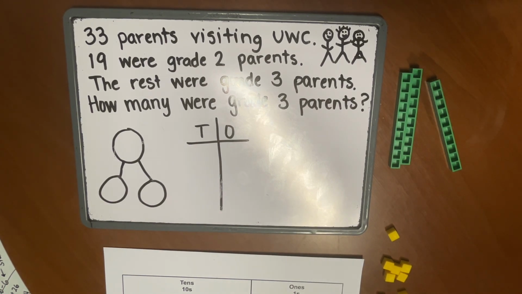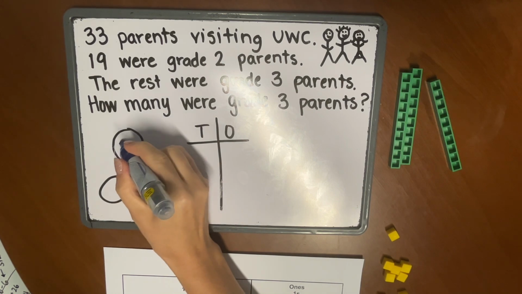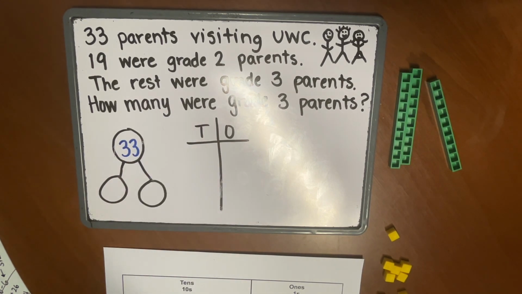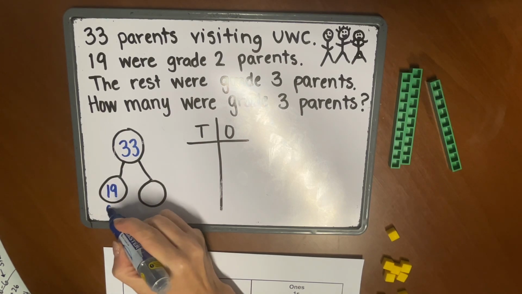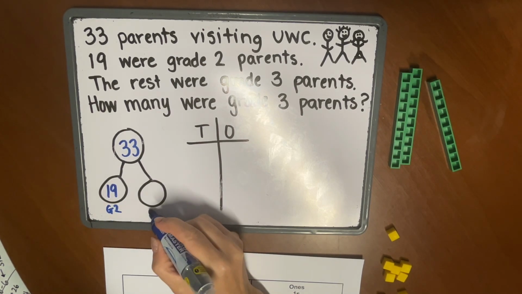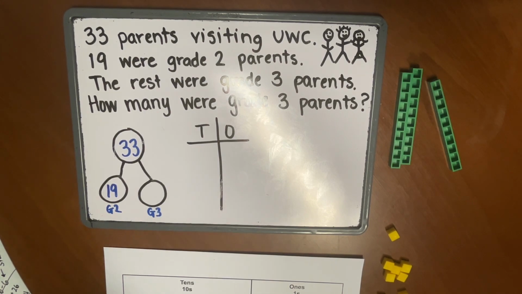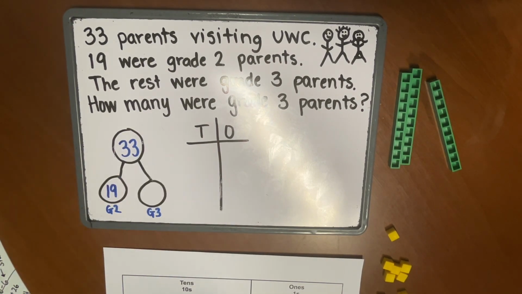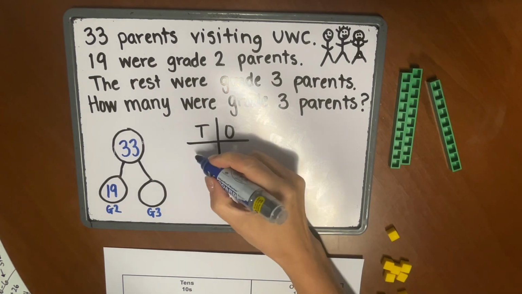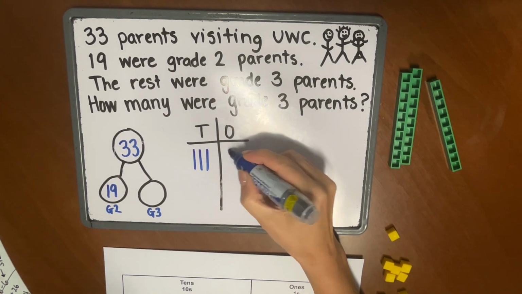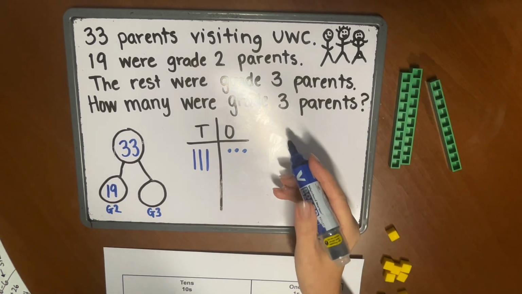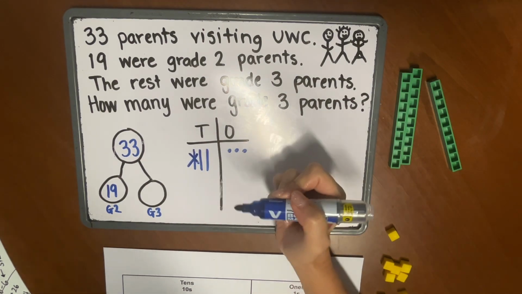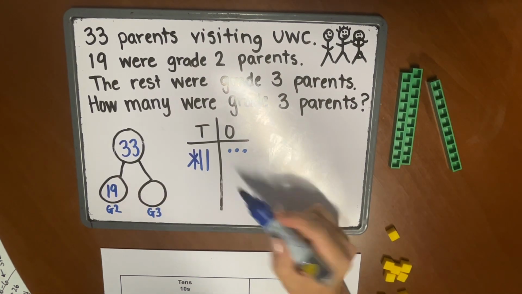Okay, let's see how you did. I know that the total altogether is there were 33 parents, and 19 of those were grade 2. And I tried to find out how many were grade 3, because together they were 33 in total. Well, I started with my 33, and then I wanted to take away 19. Well, that was really hard to do. I could take away the 10 of the 19, but I couldn't take away 9.